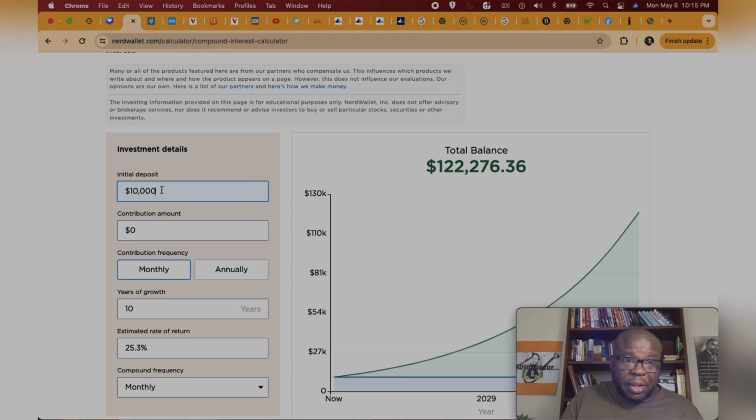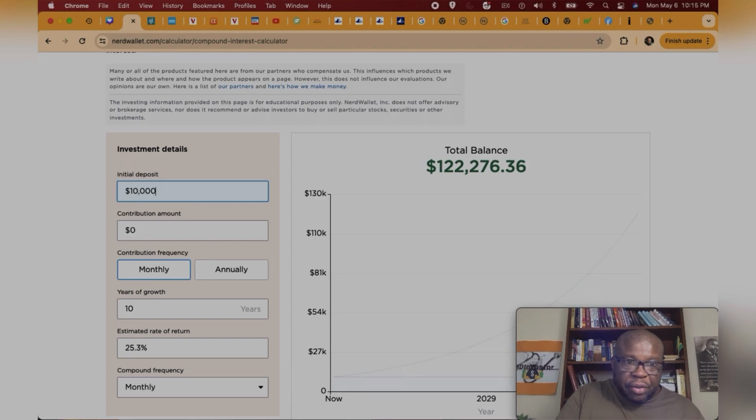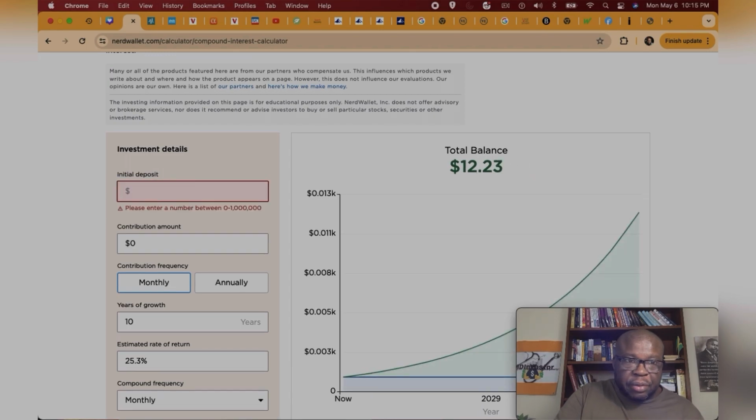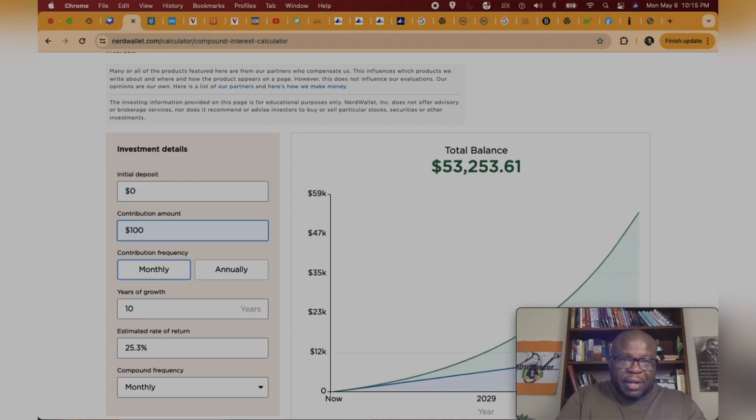Imagine if you were able to put down $100,000, say, in your retirement account, and let it sit there for 10 years. At a 25% annualized return over 10 years, your $100,000 would have turned into about $1.2 million. Again, about 12x. But now let's imagine our initial deposit is $0 and we're contributing $100 every month into SOXX over the last 10 years.